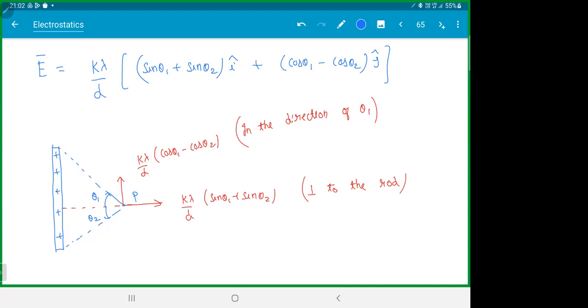I can't hear you. Copy. Shaurya, if you look clearly, you will see.